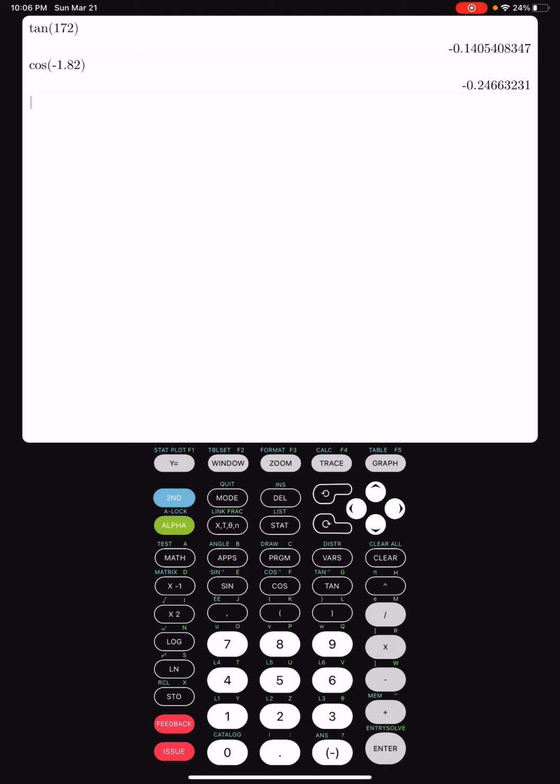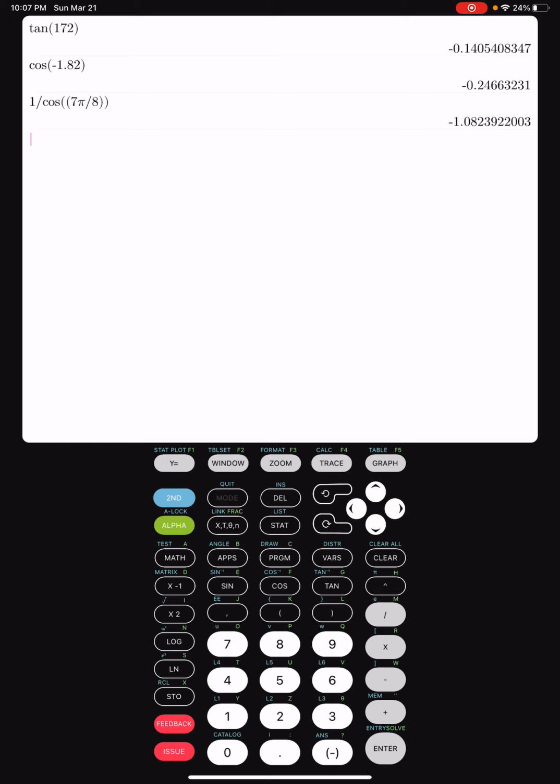So the secant was 1 over cosine of 7 pi over 8. Close parentheses. So I have negative 1.0824. And then the last one was cosine of negative 28 degrees.